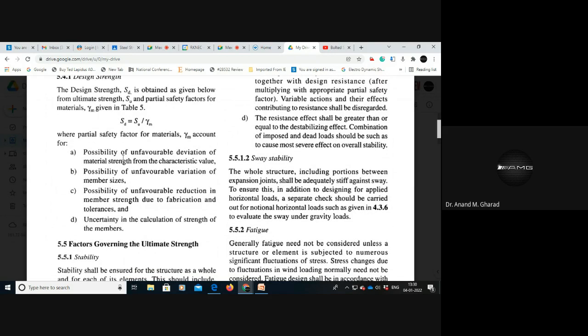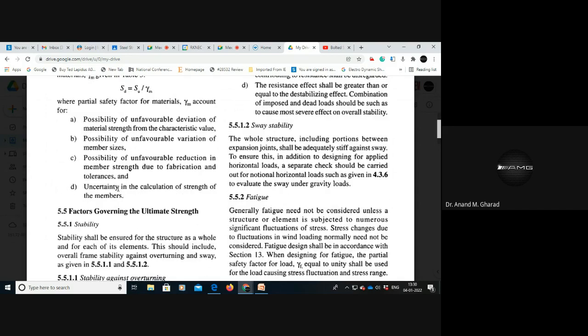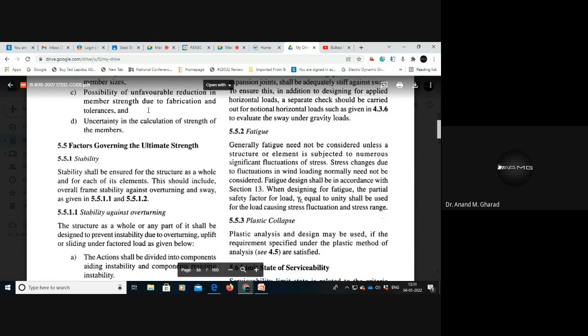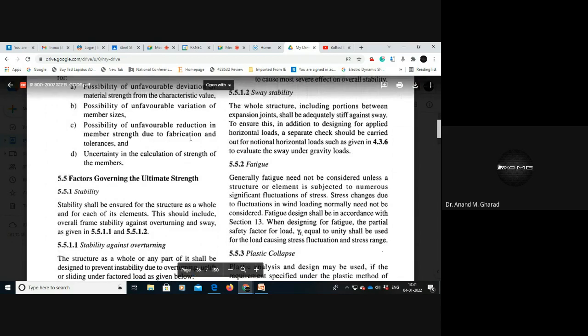Why? To account for the possibility of unfavorable deviation of material strength from the characteristic value, unfavorable variation of member sizes. Because what we are doing, we are making use of hot rolled sections, and hot rolled sections are not up to the mark. The cross sections have deviations. You will find there are various deviations. It is not smooth like your cold formed sections. Possibility of unfavorable reduction in the member strength due to fabrication and some tolerances.